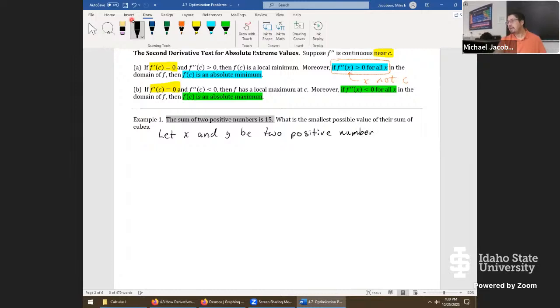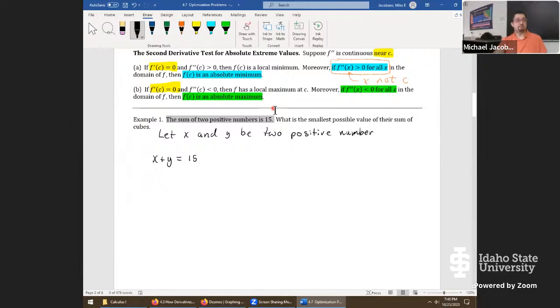Anything that they can give us that reflects a sign, like the value is always positive or always negative, sometimes it's pretty important. Other times it might not be super important, but always something to be very attentive to just in case it comes into play. So next, the sum of those numbers, that would be x plus y, results in a sum of 15.